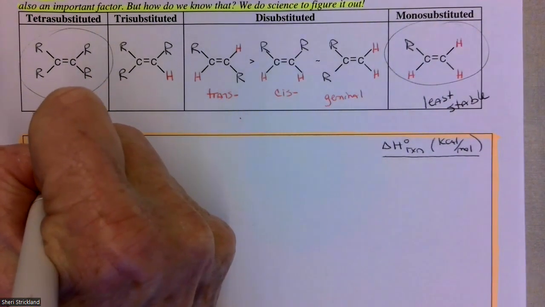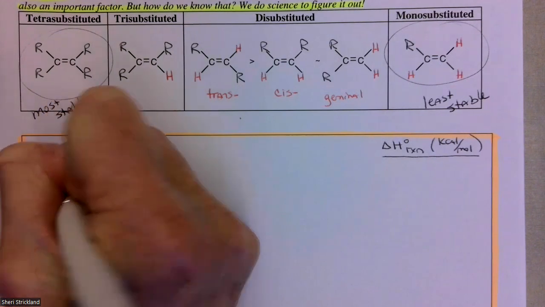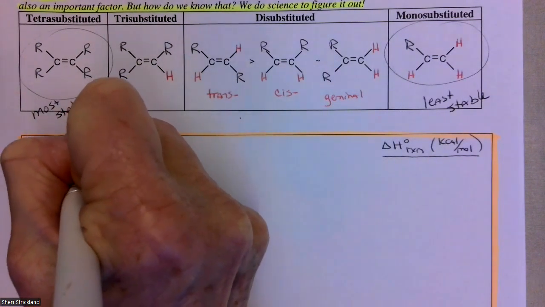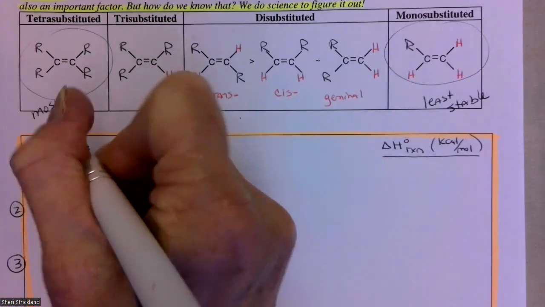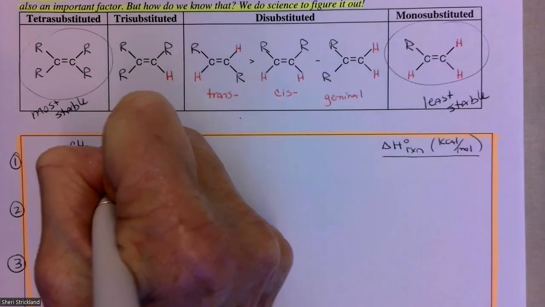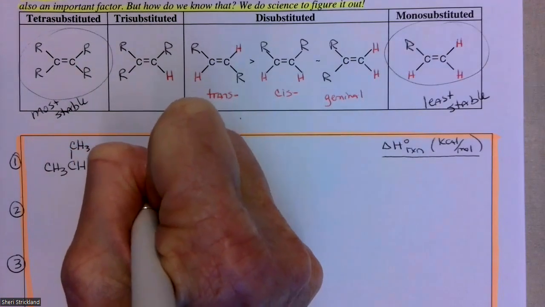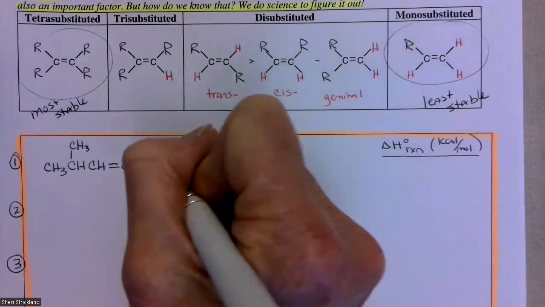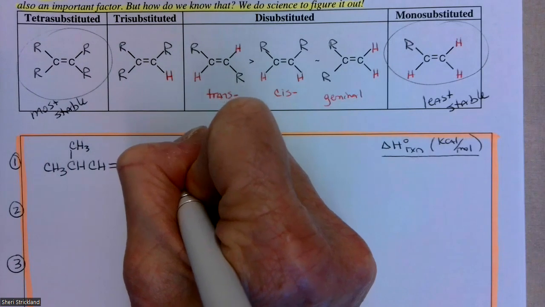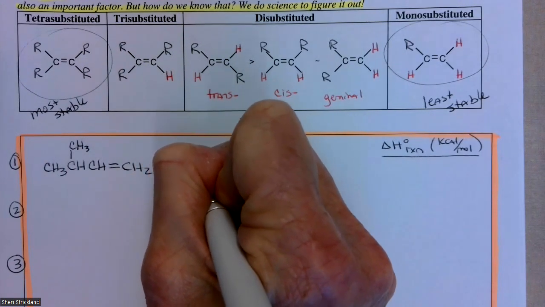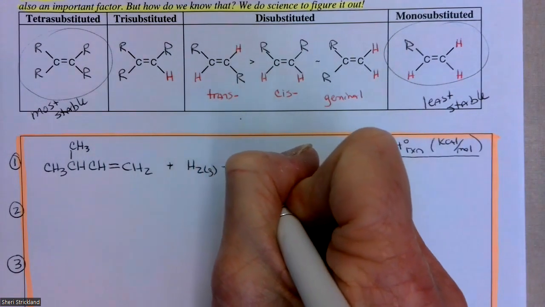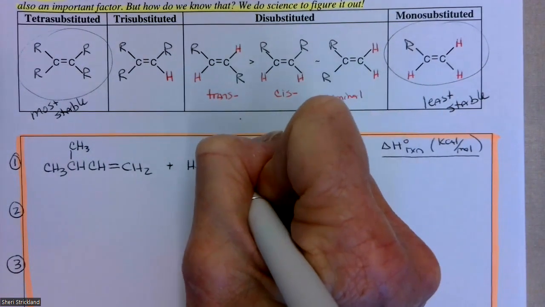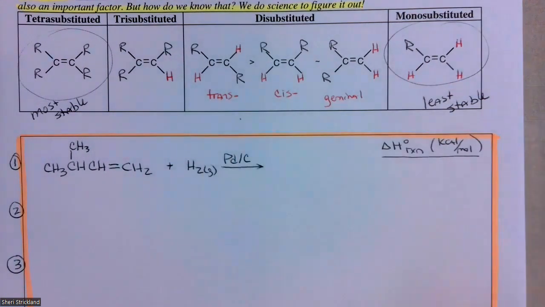Let's say we had 3-methyl-1-butene. So I'm going to draw its condensed structural formula. 3-methyl-1-butene. And we're going to do a catalytic hydrogenation with 1 mole of hydrogen gas in the presence of that most common catalyst, palladium on carbon.